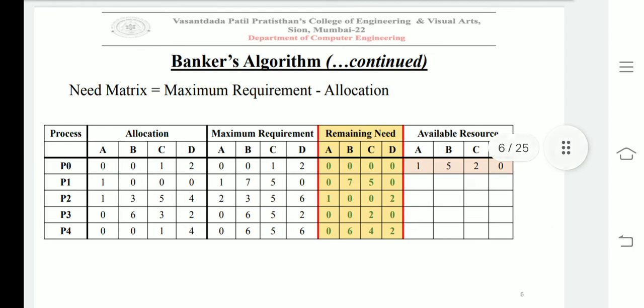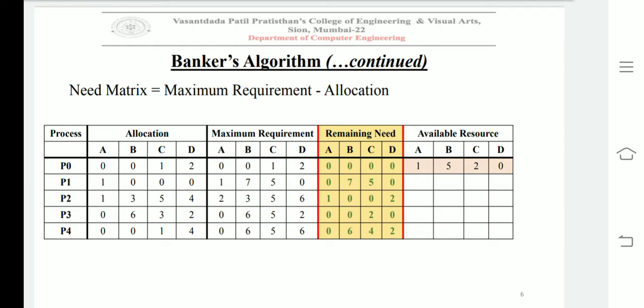So what is our first question? We need to find the need matrix. How will we find this? The simple formula for calculating the need matrix is the maximum requirement minus allocation.